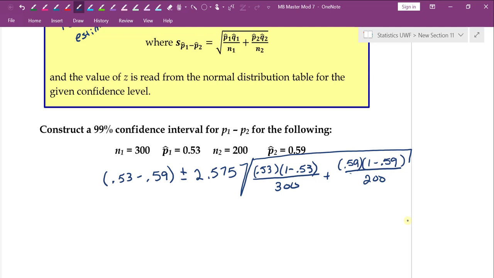So I get, lower bound, negative 0.1763, comma, and we'll go on up and grab that one.